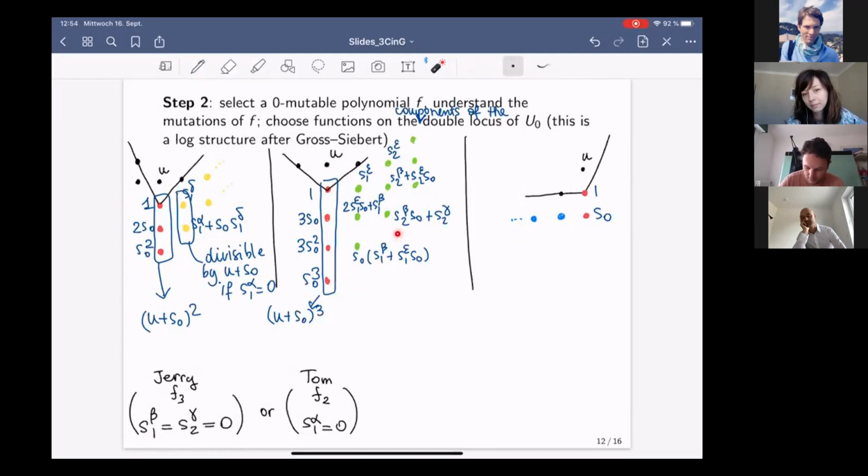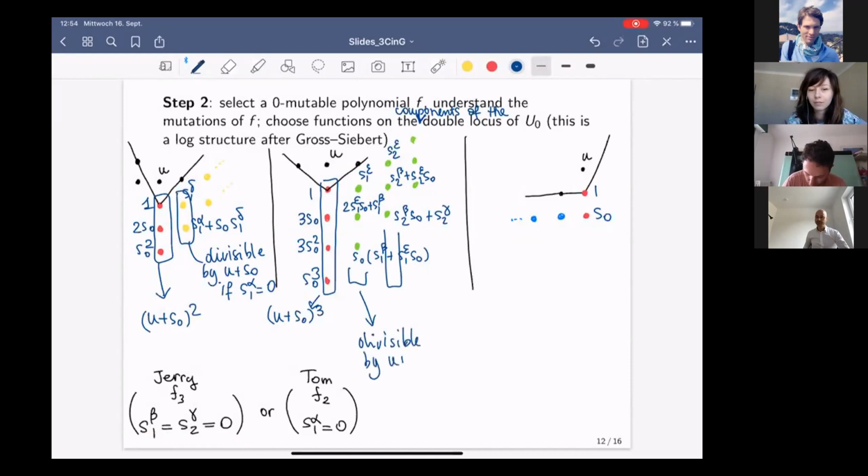And the same works here. So in other words, this and this are divisible by u plus S0 square, and then this is divisible by u plus S0 if we are in this regime.